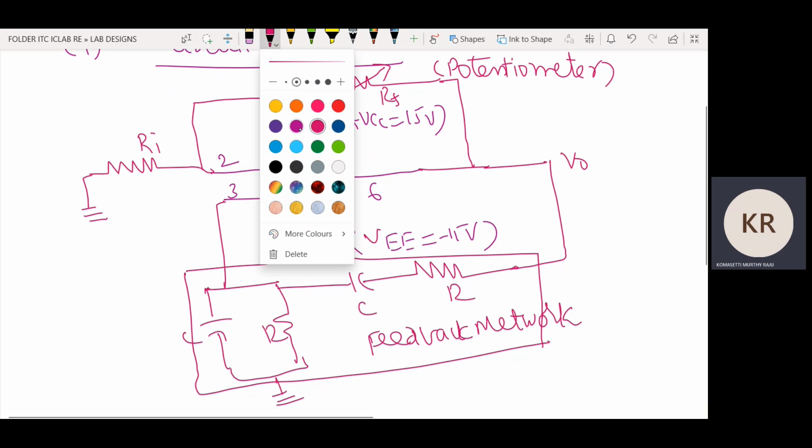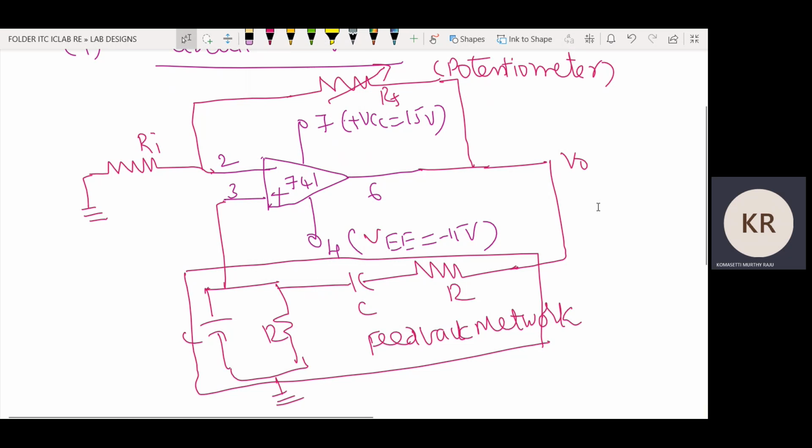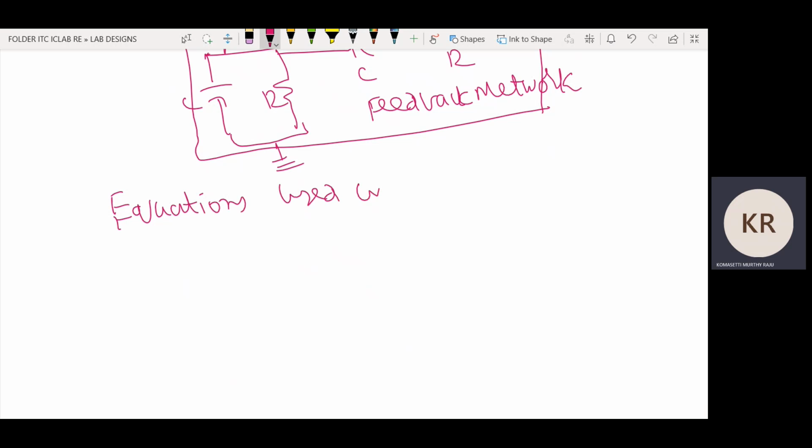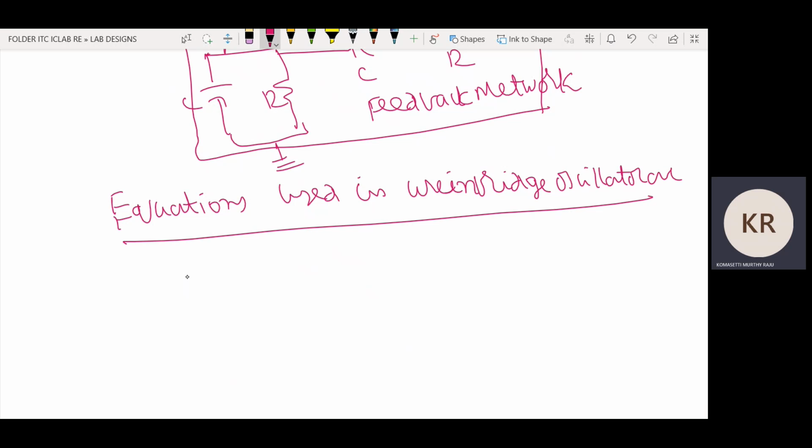Now, by using equations, design this Wien bridge oscillator circuit using 741 IC. The equations used in Wien bridge oscillator are, first one, gain of the amplifier.